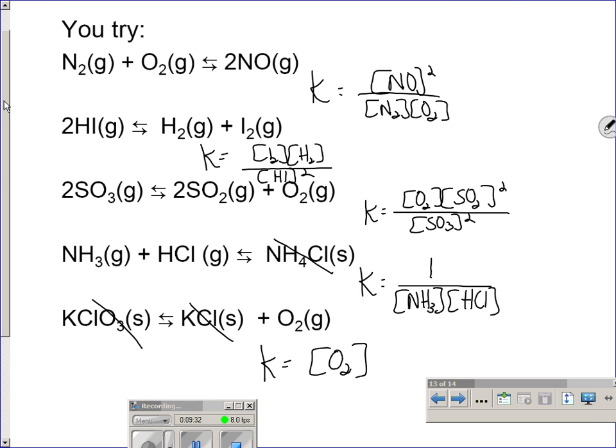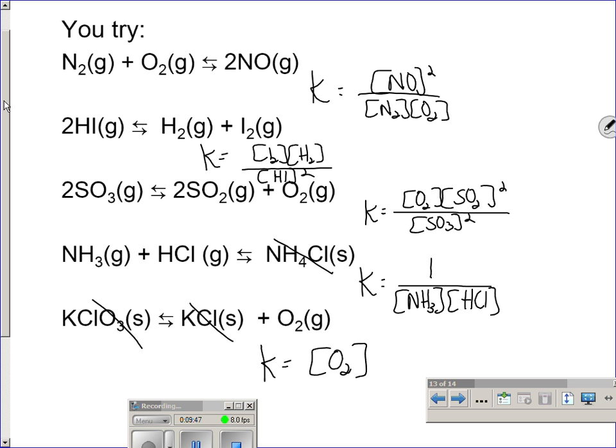So what you have learned in this segment is what the equilibrium constant expression is and what it tells us about a chemical reaction that reaches equilibrium.